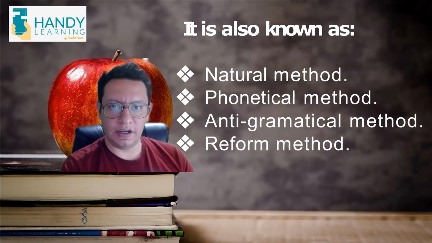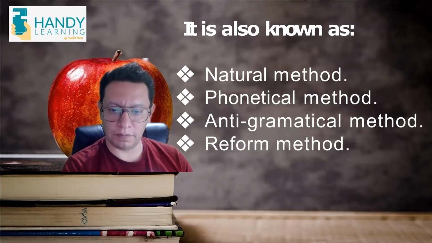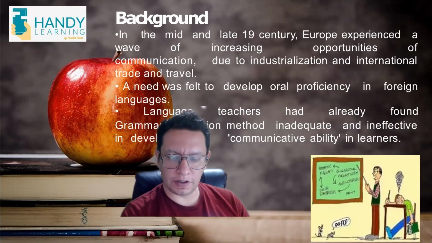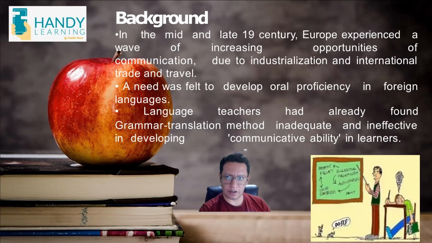Like I was saying, it is also known as the natural method. It has other three names: phonetical method, anti-grammatical method, or the reformed method. This methodology actually came to be a response to the behaviorist methodologies, such as the grammar translation and the audiolingual method.